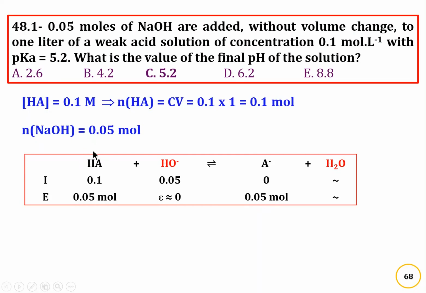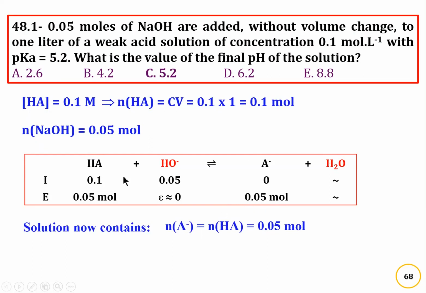So we have a mixture of the weak acid and its conjugate base with equal numbers of moles. We suppose that the exchange between them is negligible, so the number of moles at equilibrium are equal to the initial numbers of moles of A- and HA.